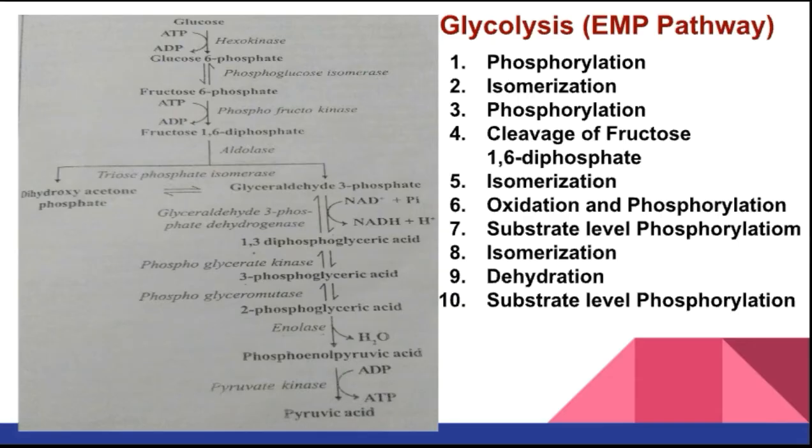This process is called glycolysis or the EMP pathway. The term glycolysis is derived from two Greek words: glycos means sugar, and lysis means dissolution, meaning to break down.